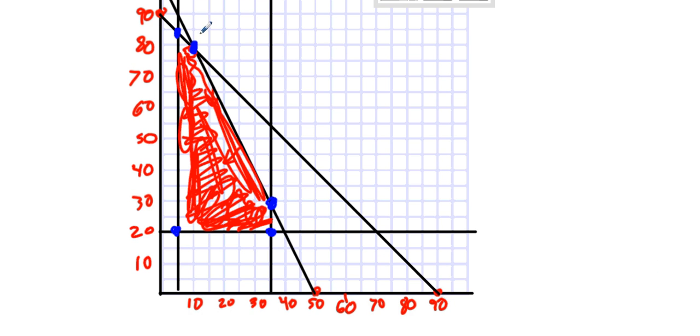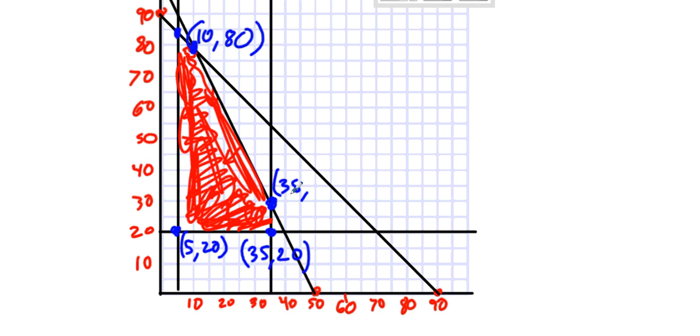So this one right here that we were looking for is at (10, 80). These ones down here are pretty easy to see because that's at (5, 20). This one's at (35, 20). This one's at 35 something.